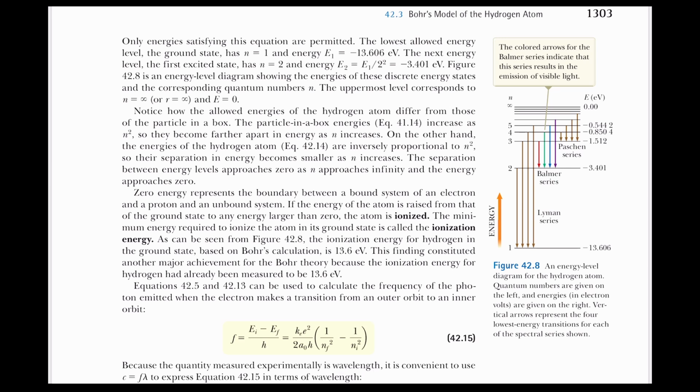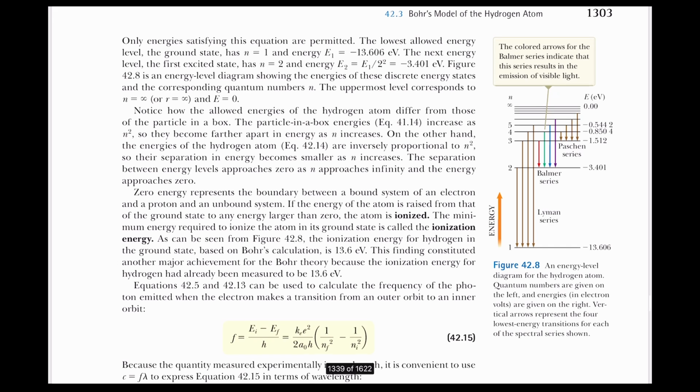You see how the energy over here, we have a 1, 2, 3, 4, 5. The separation between n equals 1 and n equals 2 is the biggest. The separation between n equals 2 and n equals 3 is smaller, and then it gets smaller and smaller until n equals infinity. And you can see those little lines that go from an n final all the way to the n initial, which could be n equals 1, n equals 2. They have those different names over here.